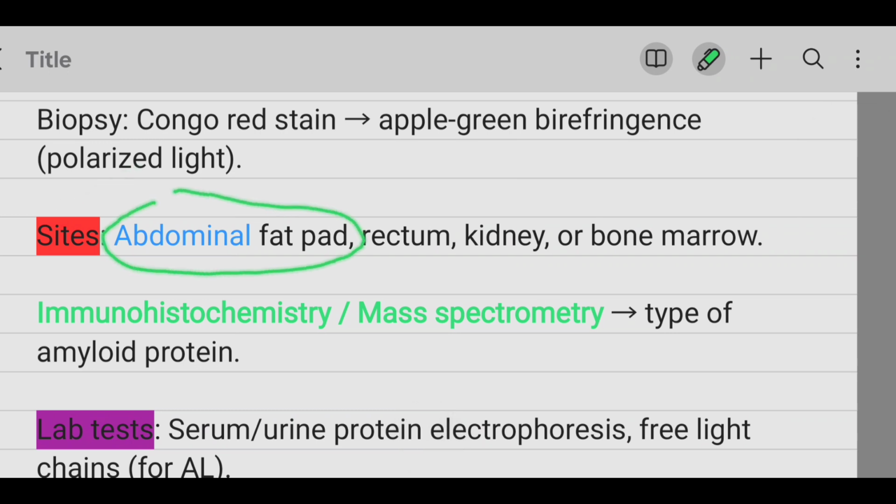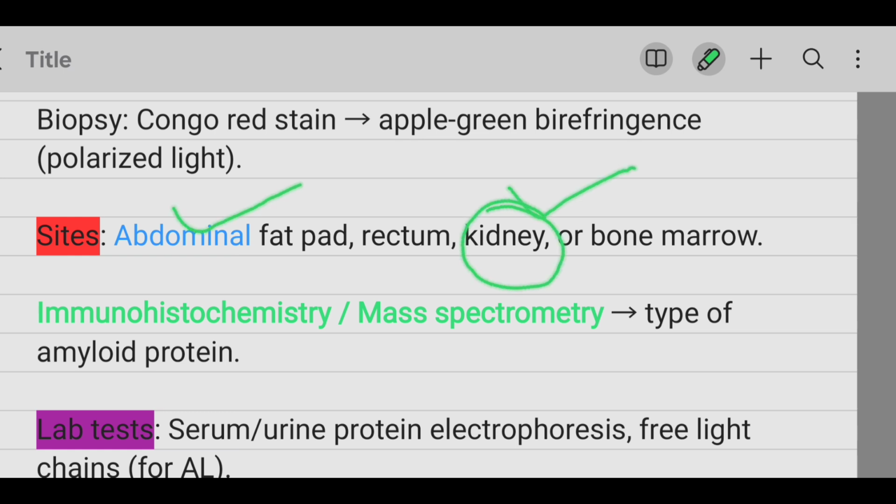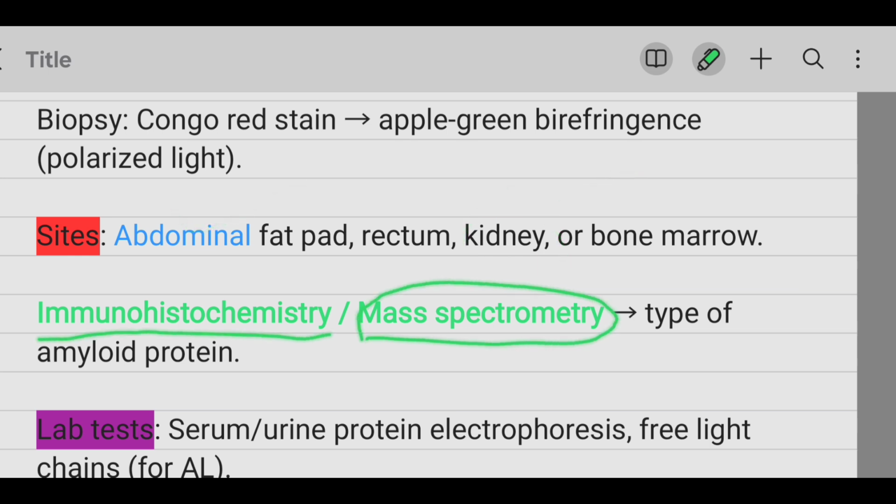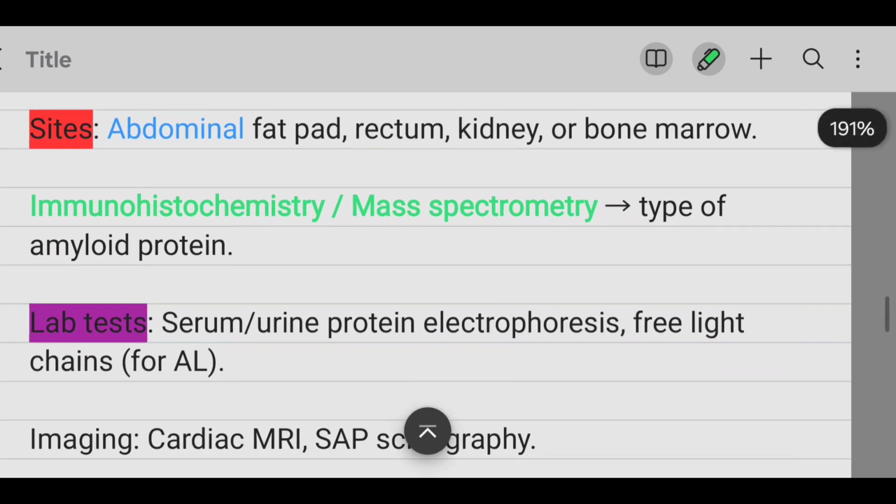Abdominal fat pad, rectum, kidney or bone marrow. But most commonly we take the biopsy from abdominal fat pad. But if it is not diagnostic, then we can do biopsy from the involved organs, for example kidneys. We can also do immunohistochemistry and mass spectrometry for differentiating the different types of amyloidosis.